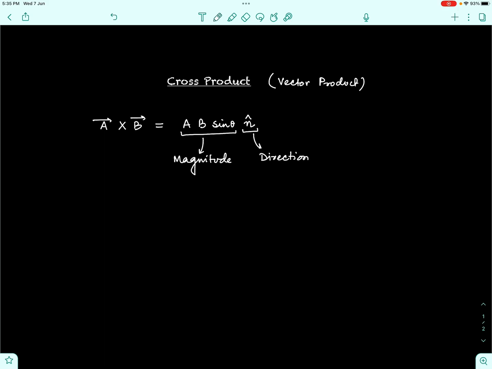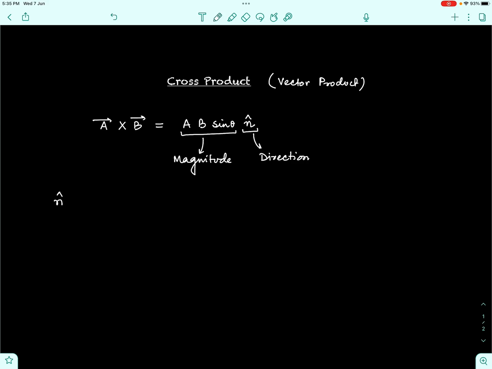Right. Now, how do we get the direction of A cross B? There is a rule that we use to get the direction of A cross B, which is the direction of vector n cap, and the direction of vector n cap is given by what we call the right hand thumb rule.